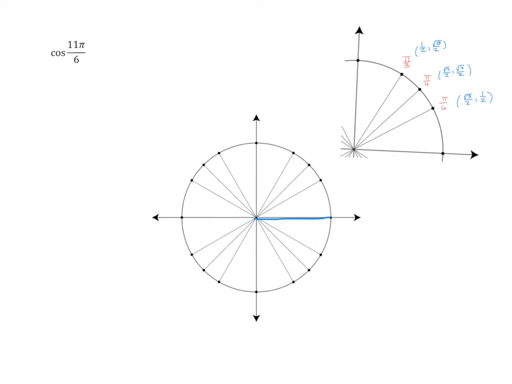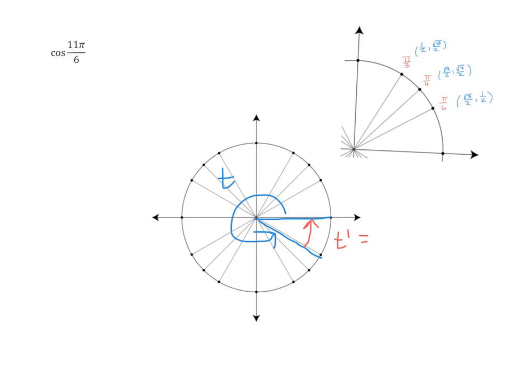So terminal side is right here. So that's like our T, 11 pi over 6. We want to find the reference angle, so we're going to go from that terminal side to the x-axis, so that is T prime.